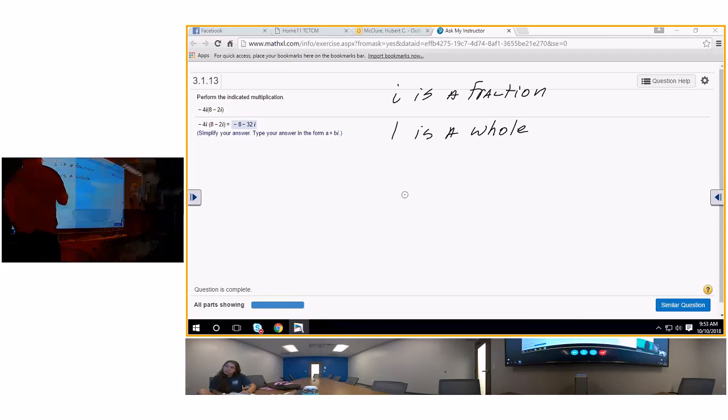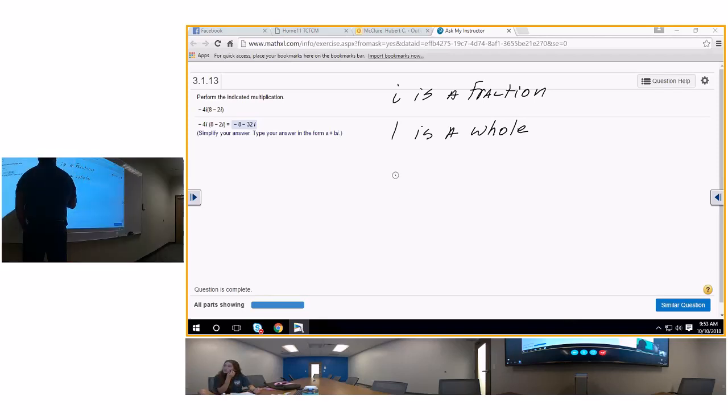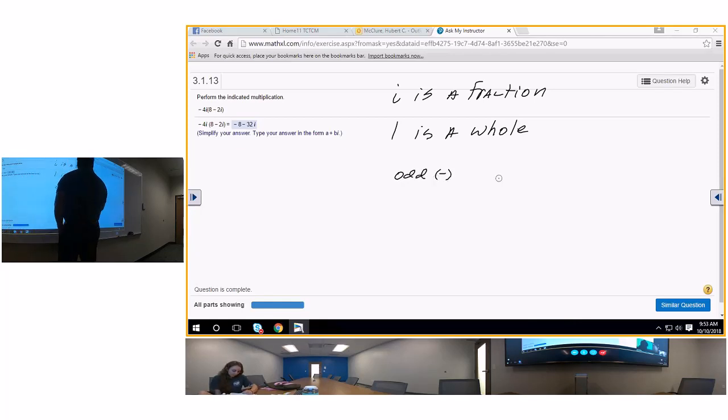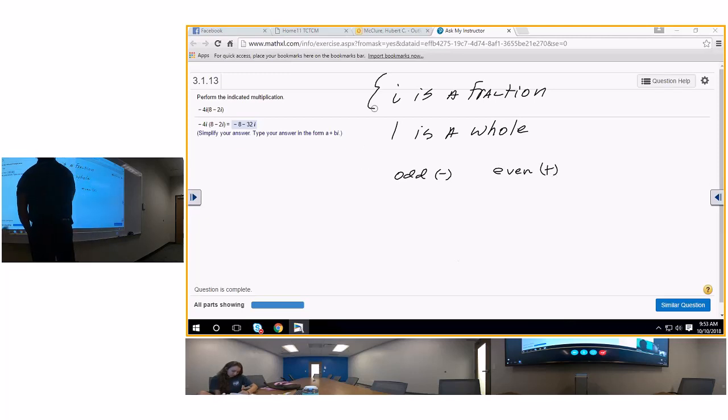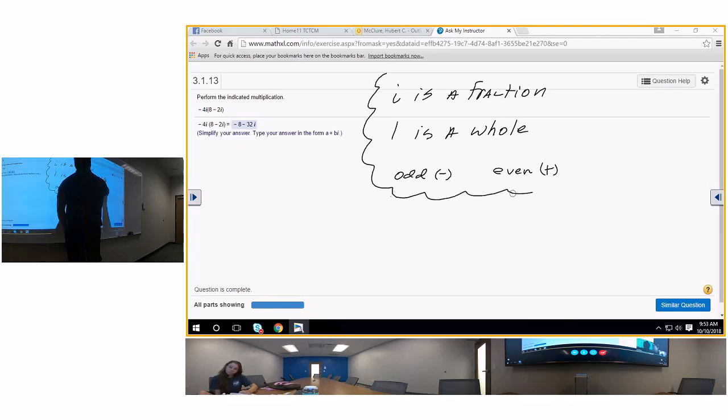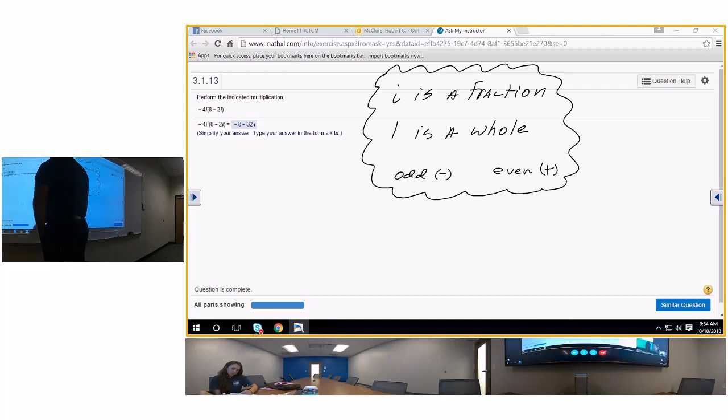And odd is negative, and even is positive, which y'all know that. All right, that's all you have to remember. And I'll show you how to do that. So i to the fourth power.